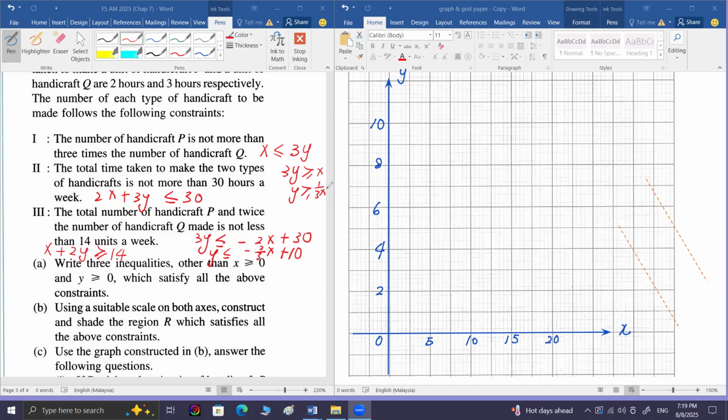Y equal to 1 over 3X. So X0, Y0. Okay, maybe I make it X, can divide with 3, 1. 15, 15, 5. I didn't make a table anymore, because 15, 5, you just substitute one by one.